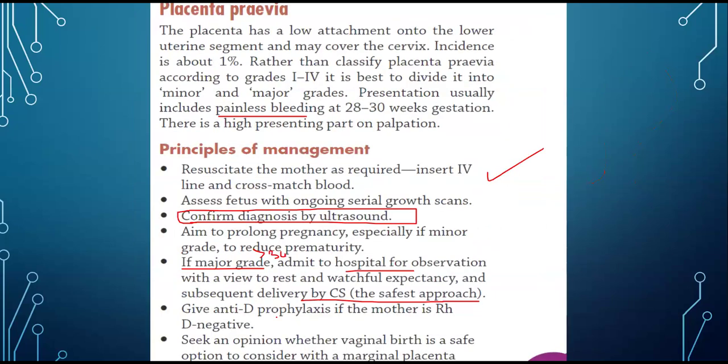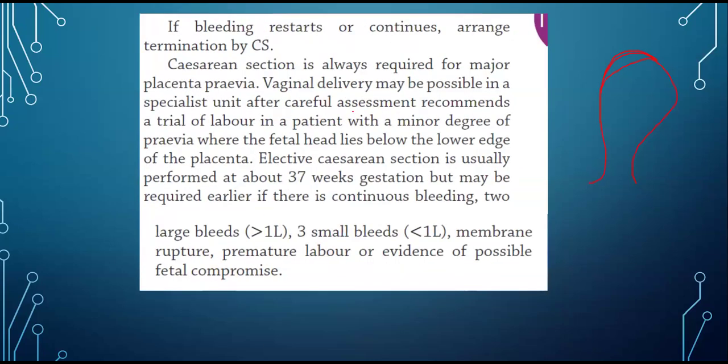So for those patients, if an obstetrician agrees, then they can try a vaginal delivery. So cesarean section is always required for major placenta previa, but there is just a very small group of patients who can have a trial of vaginal delivery.